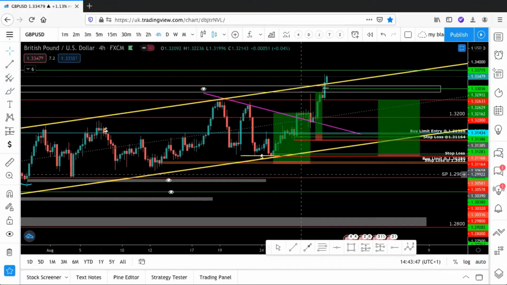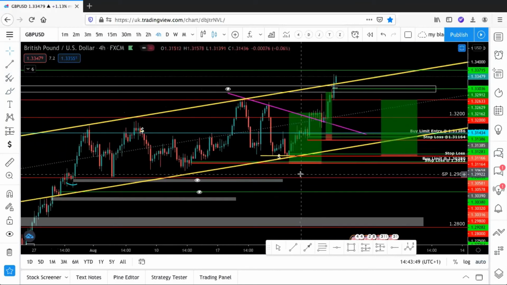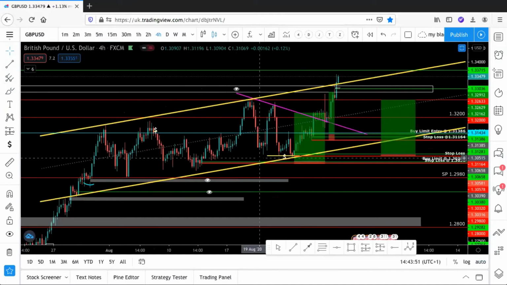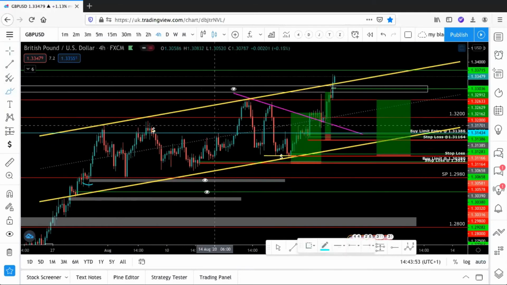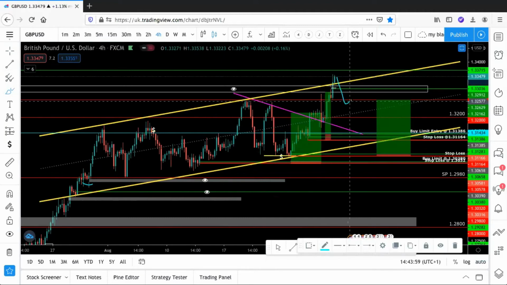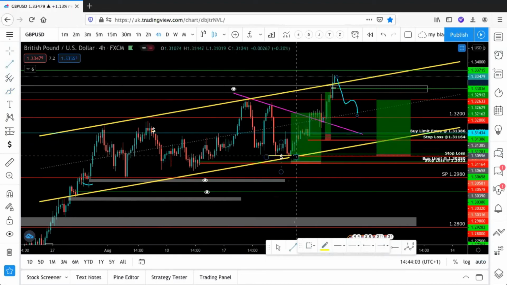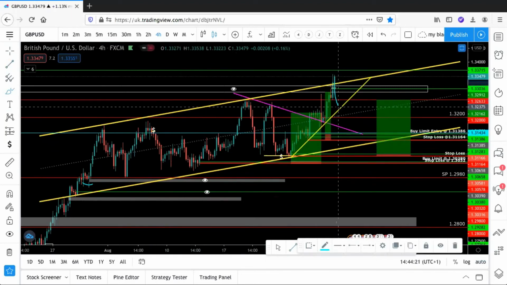GBP-USD, it's on a bullish run, right? It's pure bullish. I'm expecting price to drop to this level. Then I'm anticipating a drop here or further.